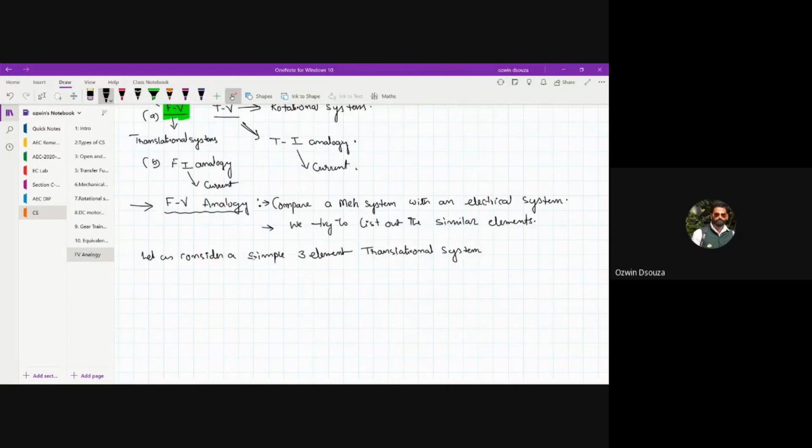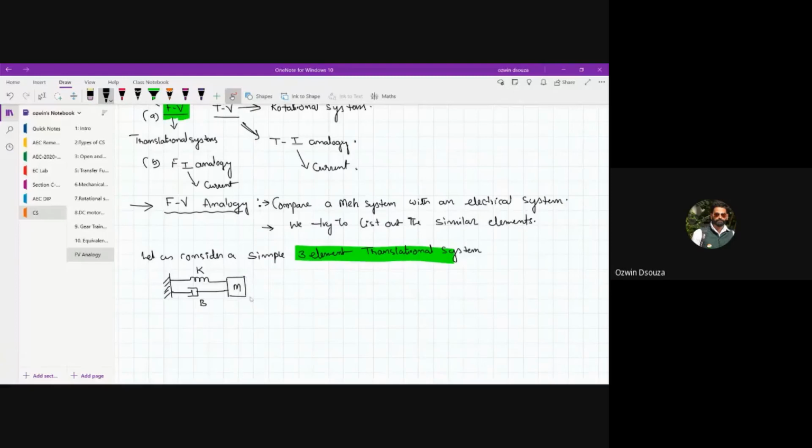Say suppose the system is something of this kind. We are considering a 3-element translational system. This is your reference frame, the spring element, the frictional element, and the mass element.